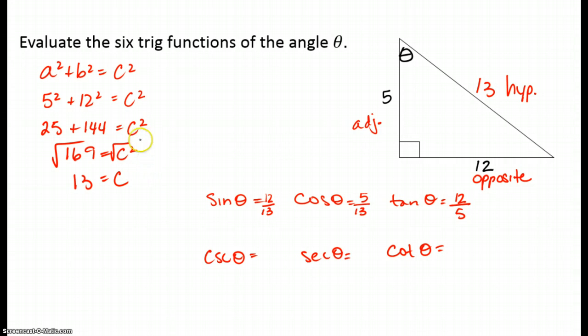Cosecant, okay, well if sine was opposite over hypotenuse, cosecant is hypotenuse over opposite. Cosine is adjacent over hypotenuse, so secant is hypotenuse over adjacent. And then cotangent is adjacent over opposite, so 5 over 12. Easy enough, just a little bit new stuff to the things you already knew.